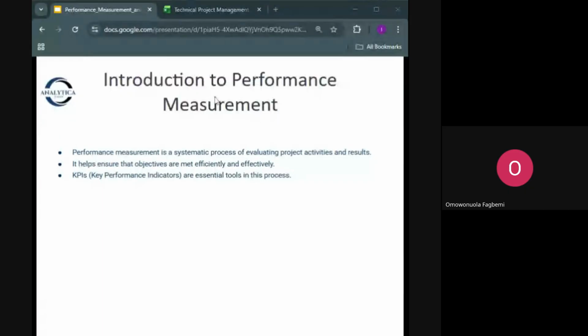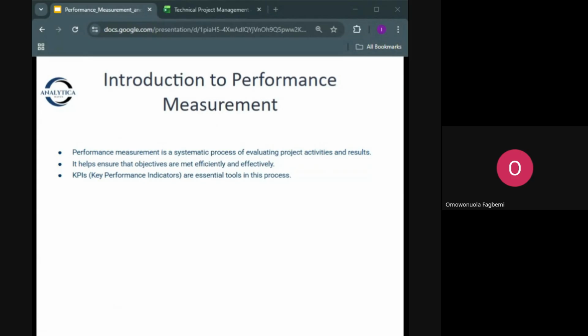So, introduction to performance measurement. A performance measurement is simply checking how well our project is performing. Are we on track? Are we behind? Or are we ahead? In the duplex project, that means asking questions like, are we building on schedule?